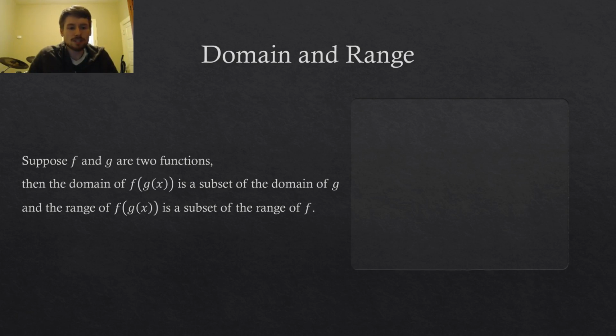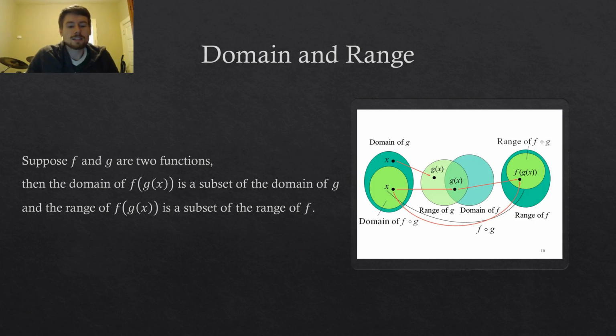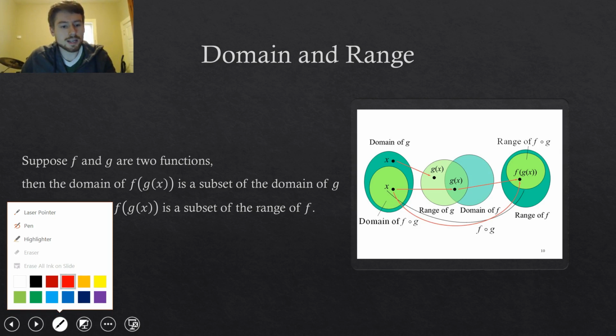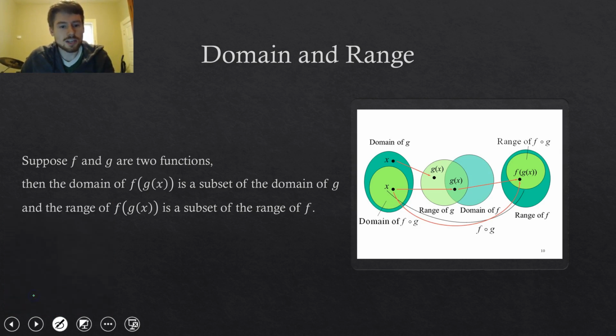You've got two functions, f and g. One thing that you'll always have is that when you combine them, say you do g inside of f, the domain of that composition must always be some subset, some part of the domain of g. So you're never going to be able to get more than the domain of g in this function composition, because the first function you're going to be plugging into, if this is g, is g.